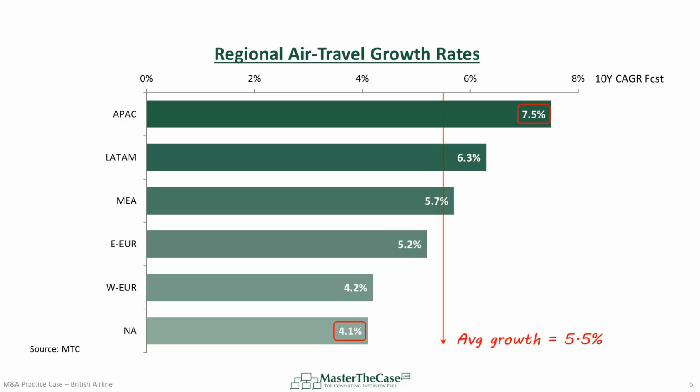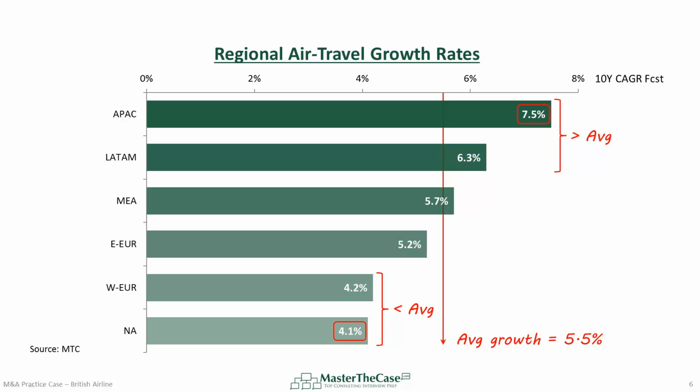So now let's see if Western Europe offers attractive growth prospects to the client. In fact, I can immediately see that Western Europe, along with North America, is below average. On the other hand, Asia Pacific and Latin America are above average. That's interesting.